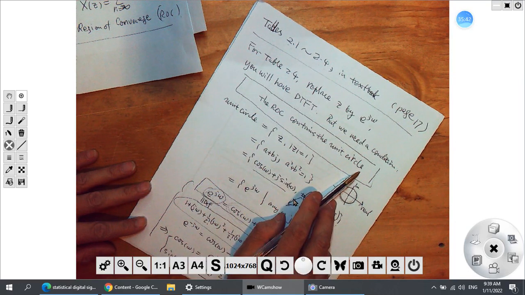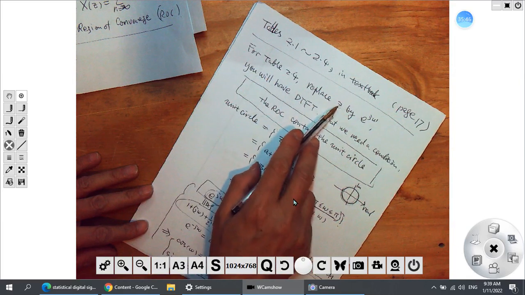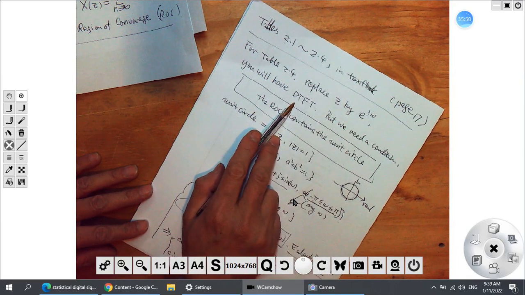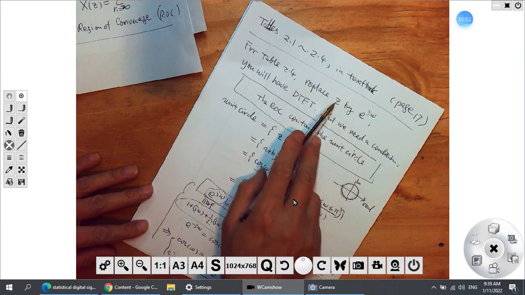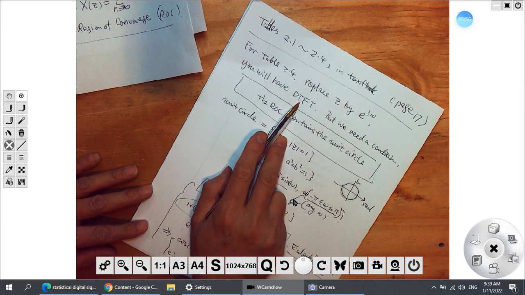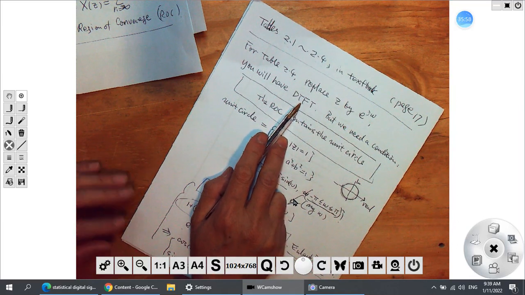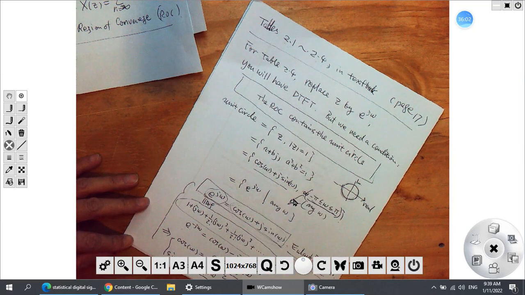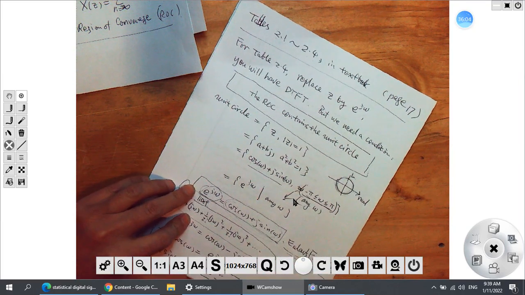This is the condition for replacing z by e to the j omega to get the DTFT. You can get it only if you satisfy this condition.